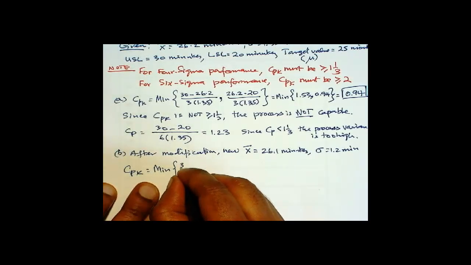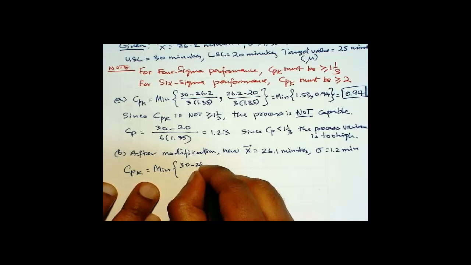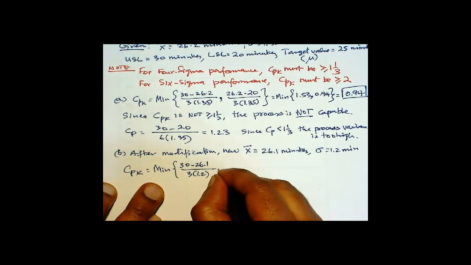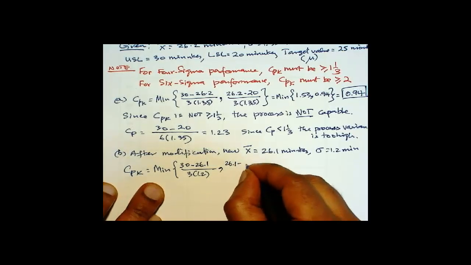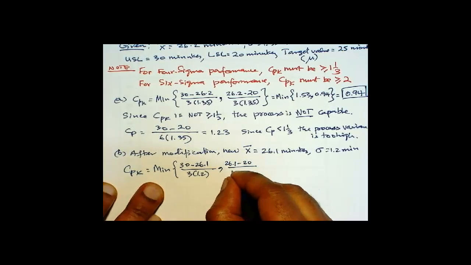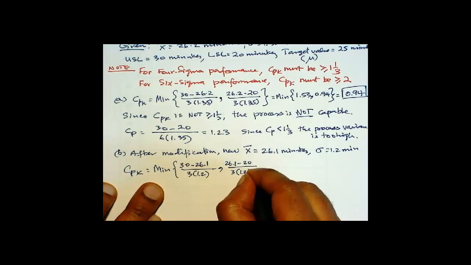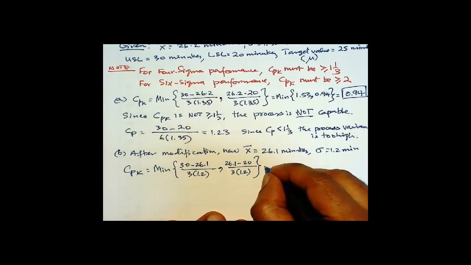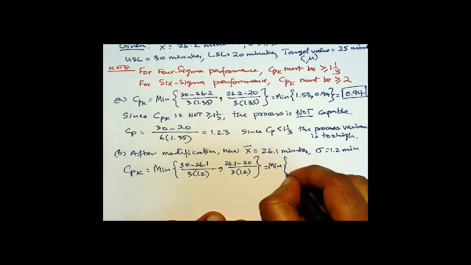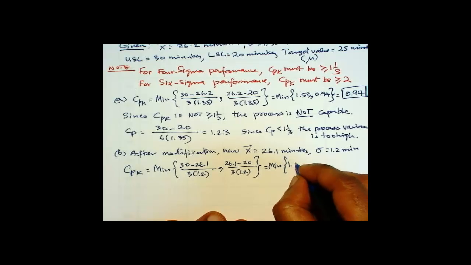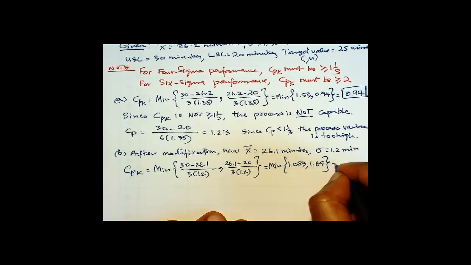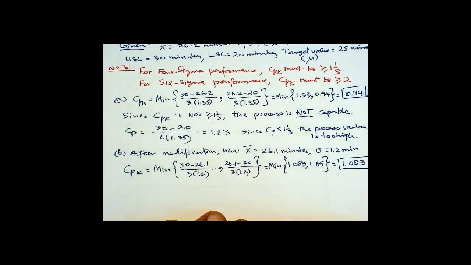So 30 minus 26.1 divided by 3 times 1.2, then 26.1 minus 20 divided by 3 times 1.2, and that is the minimum of 1.083 and 1.69. So that's equal to 1.083.